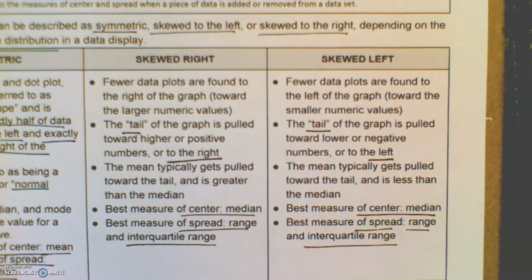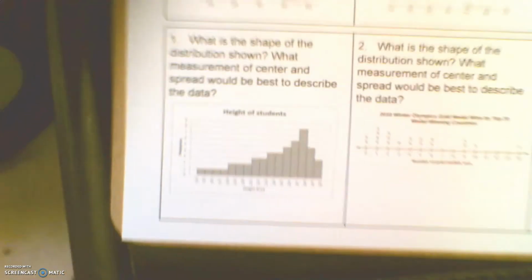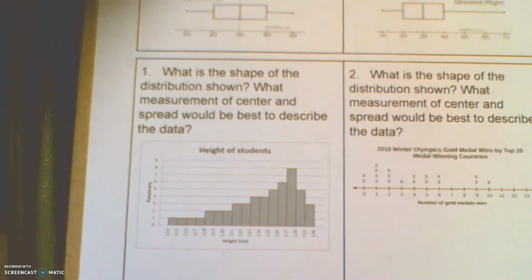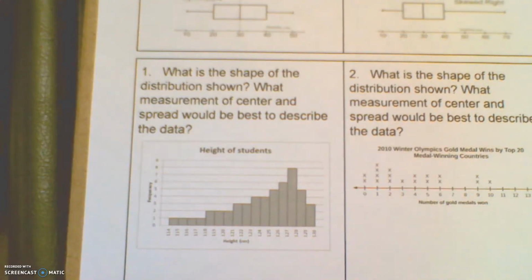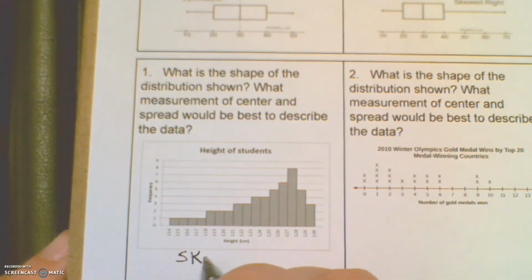So let's look at some examples that describe this data distribution and the best measures. Number one, what is the shape of the distribution shown? We do have a tail that is to the left, so this is going to be skewed to the left.